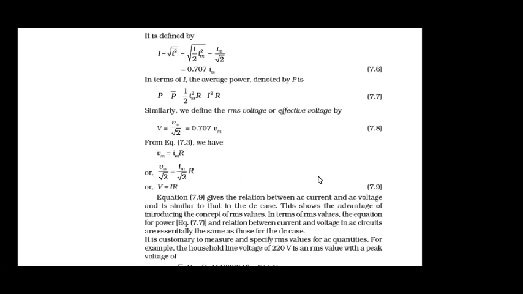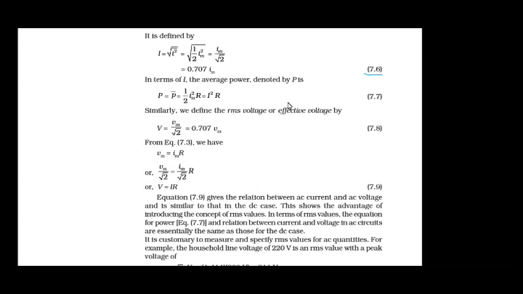It is defined by I is equal to the square root of the mean of I square, under root half Im square, so Im upon root 2. If you divide 1 by 1.414, the value of root 2, you will get 0.707 Im. This is defined as equation 7.6.